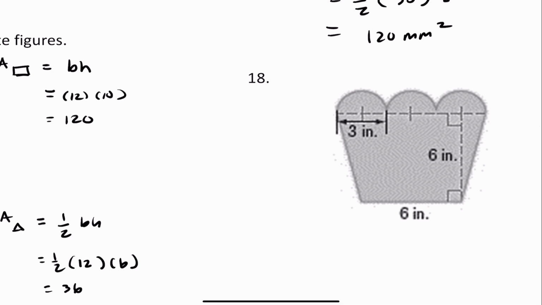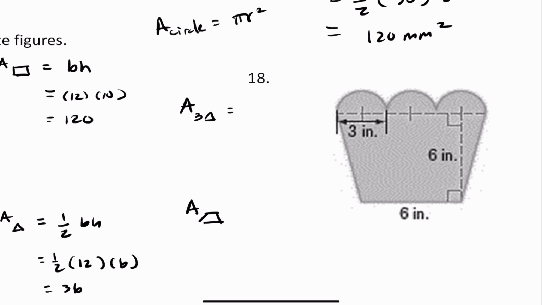we have 3 semicircles, right? So I'm going to write A sub 3 semicircles, okay? And then our next figure here is a trapezoid. So A trapezoid. So we know the area of a circle. So the area of a circle is always pi r squared.